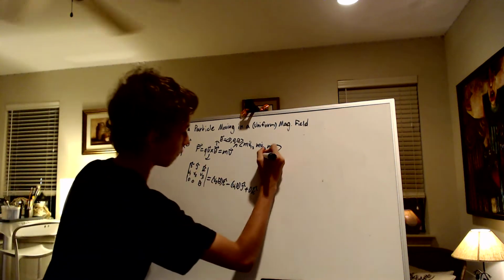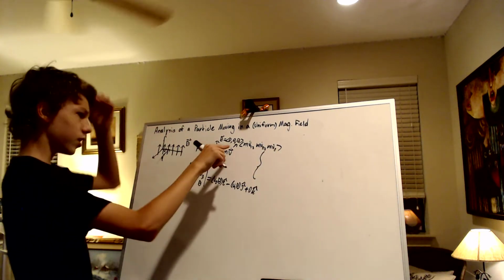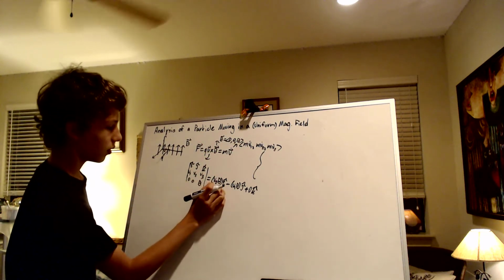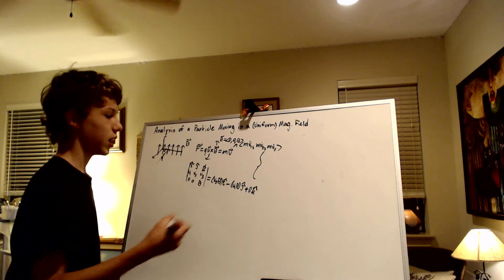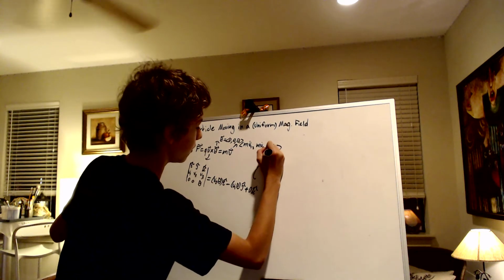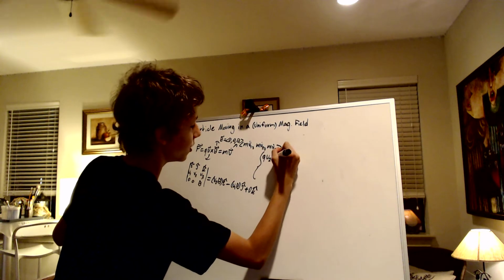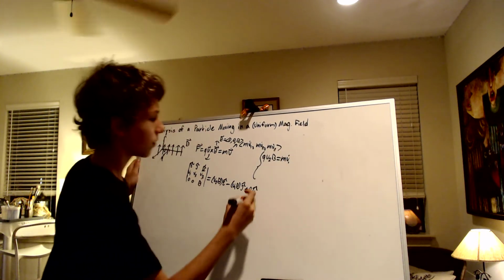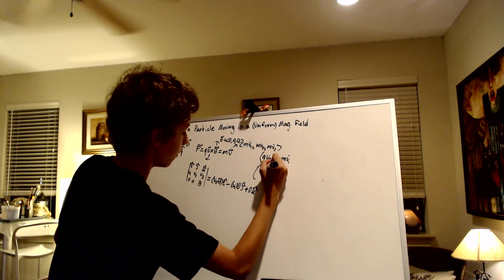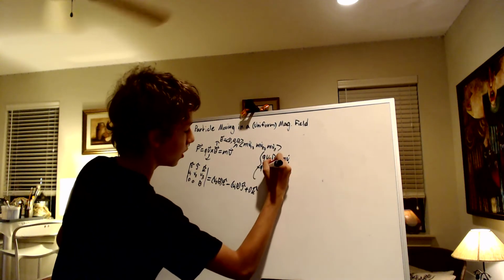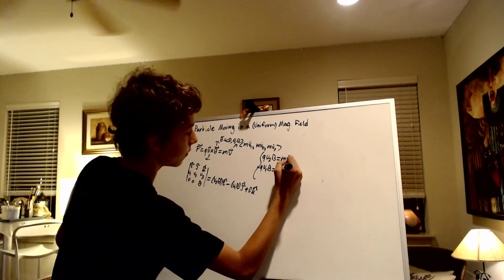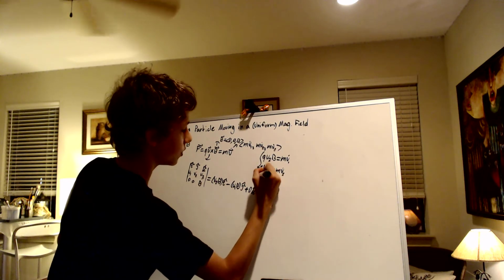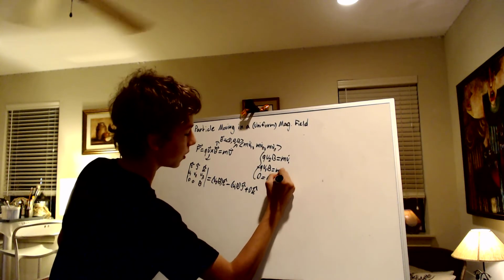So in other words, we have the following: q v2b is equal to mv1 dot, and then negative q v1b equals mv2 dot, and finally we just have 0 equals mv3 dot.